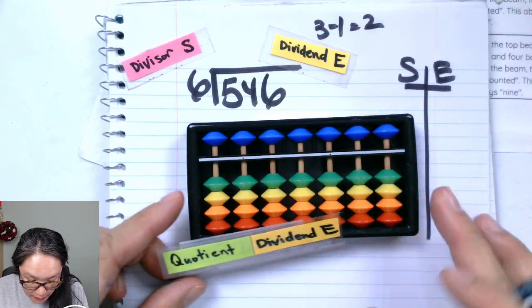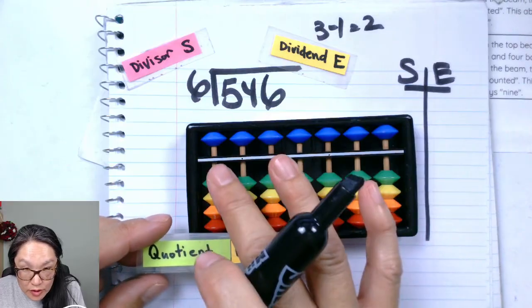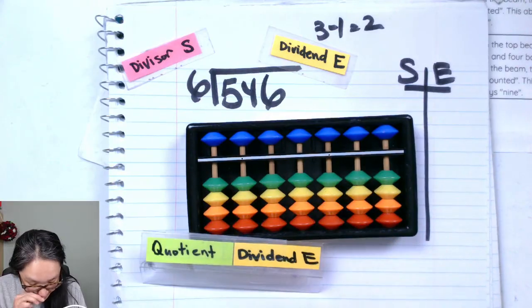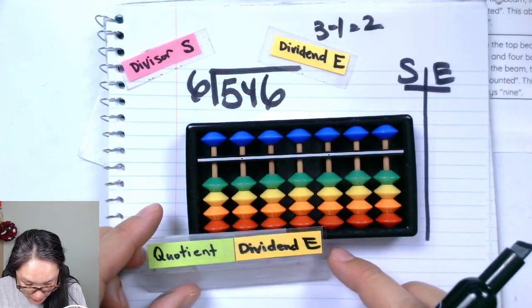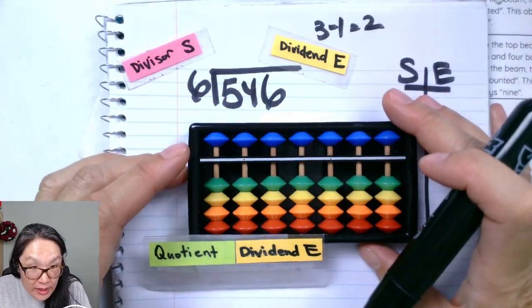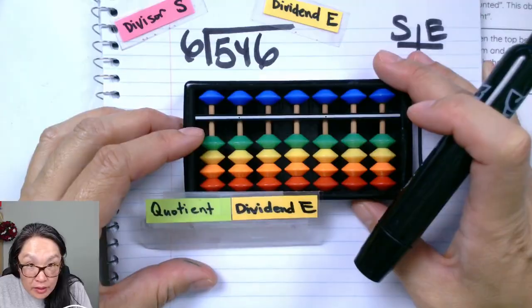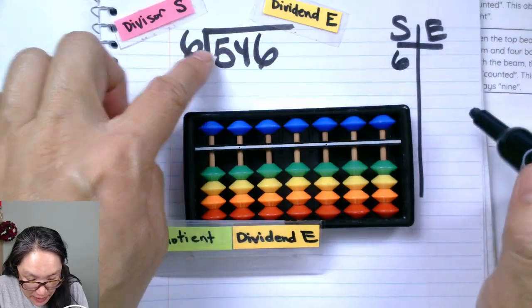So I'm going to use this one over here. Notice my number will sit on the number 2 over here. Okay? So what's going to happen is I'm going to compare. When I compare, what am I comparing? I compare my 6 and my 5.